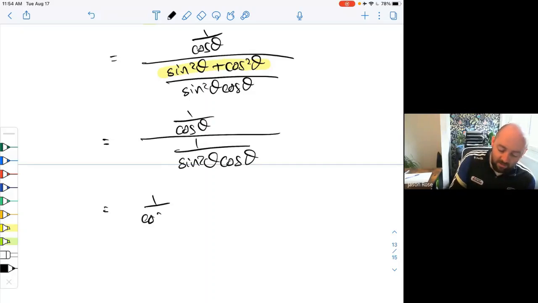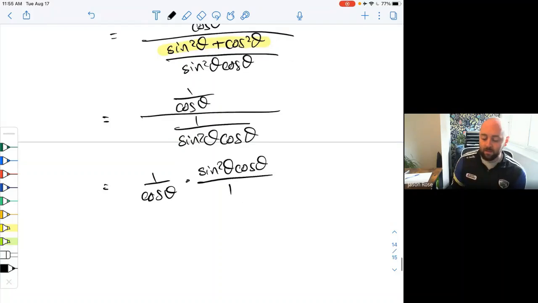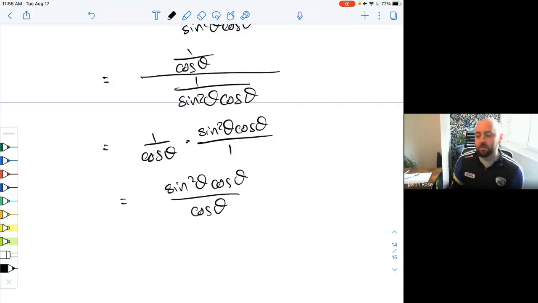suggestion. This is 1 over cosine theta multiplied by the reciprocal of the denominator instead of dividing. And what we have then is sine squared theta cosine theta divided by cosine theta.